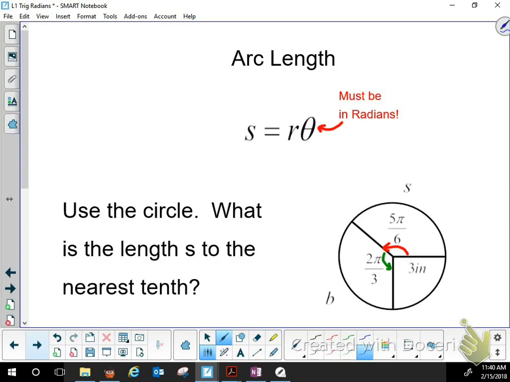This goes back to the discussion we were having earlier when we said radians and arc length were the same on the unit circle, because the radius was 1. But when you change your radius, this is the equation you need: radians times your radius. Radians is just that angle measure.